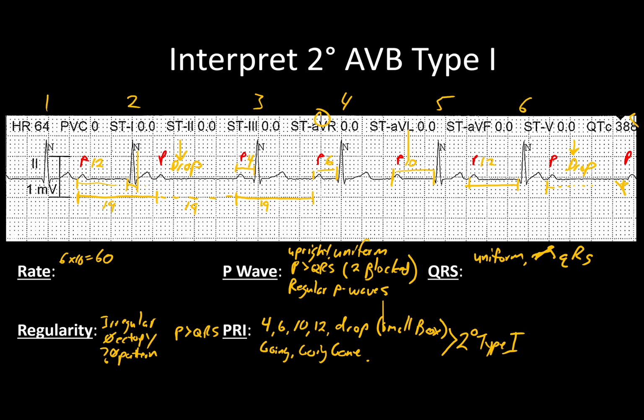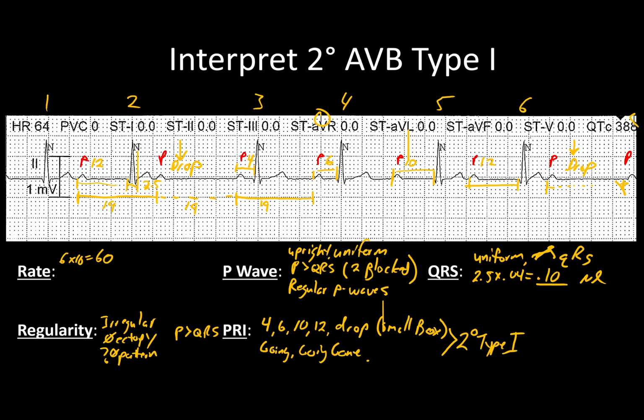Let's say that that's 2.5. I measured over on beat number 2. So 2.5 times 0.04 is 0.10, which is normal. And so the true answer to this item is to say it's second degree type 1.